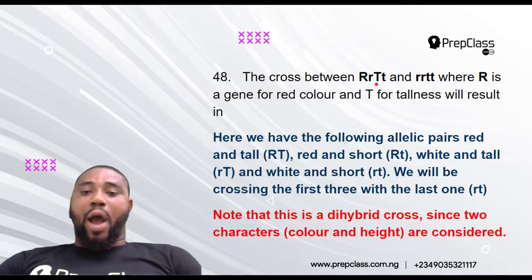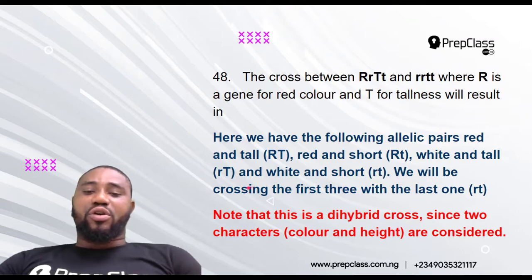We have white and tall, small r, capital T, and we have white and short, small r, small t.